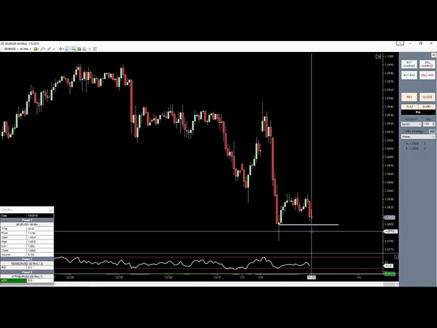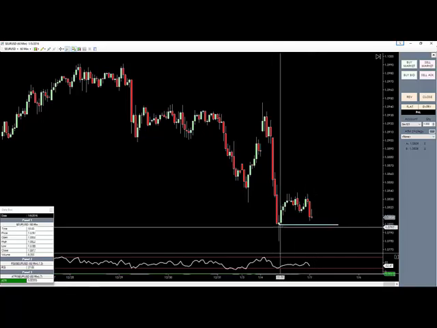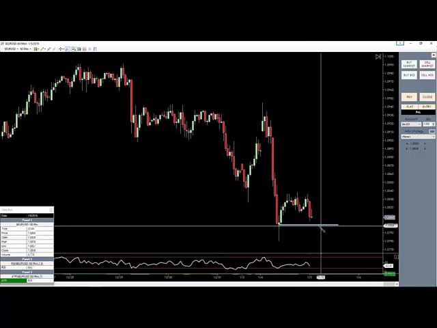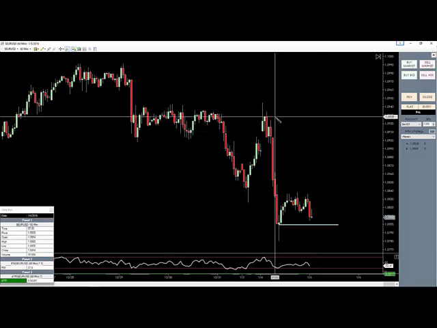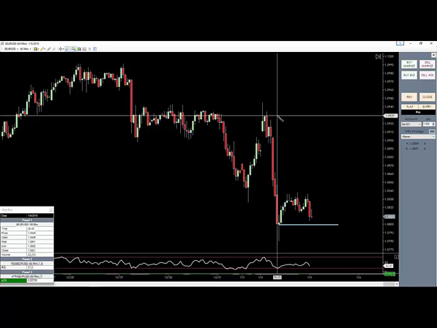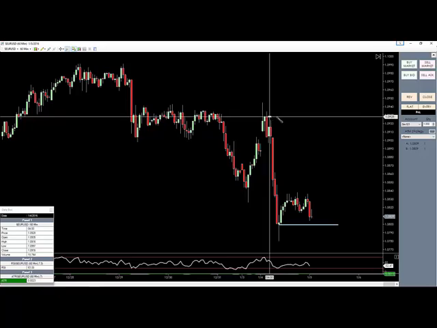So we want price to come back down to this level of structure in anticipation of price coming back up to around right here, 109.30s. So we'll be waiting for that.